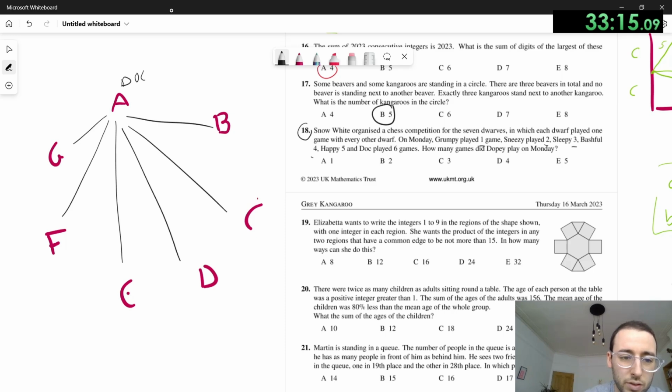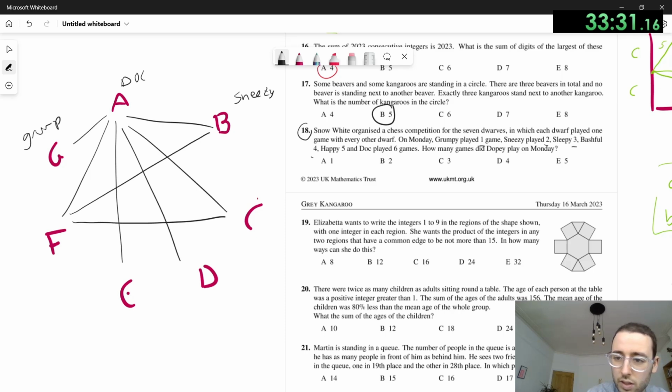Sneezy played 2. Let's call this guy Sneezy. Let's call this guy Grumpy. This guy needs to play 3 games. This guy's Sleepy, he needs to play 4 games. So this guy is Bashful. Happy played 5 games. I messed up.